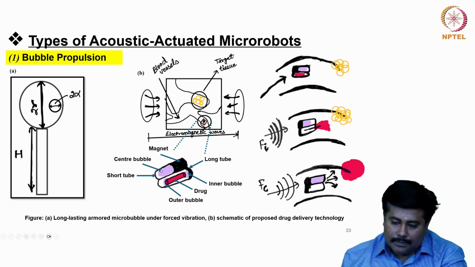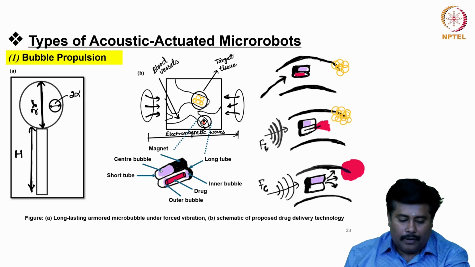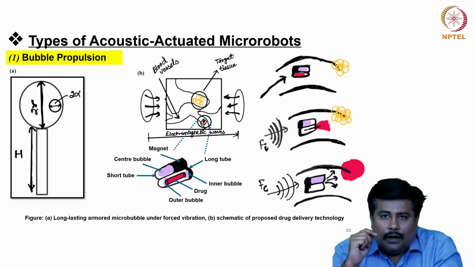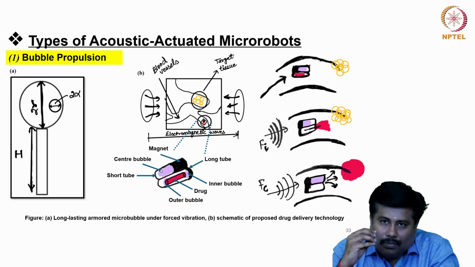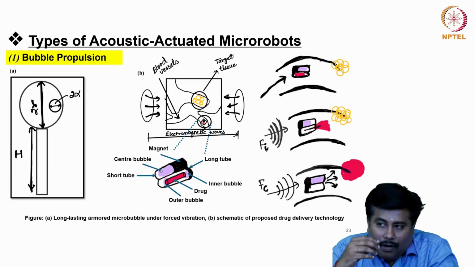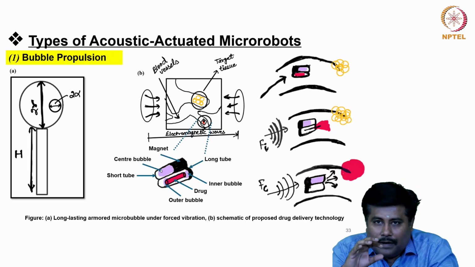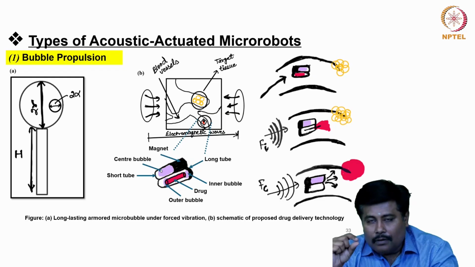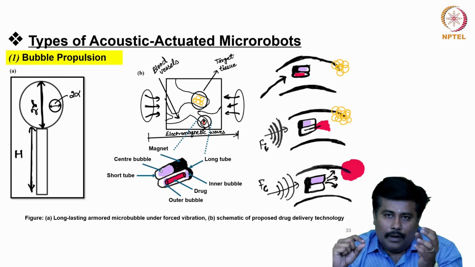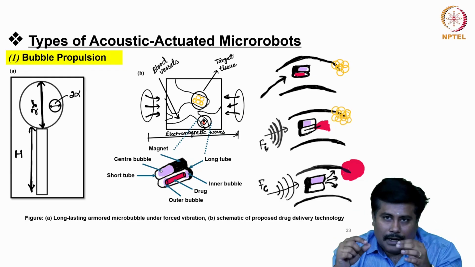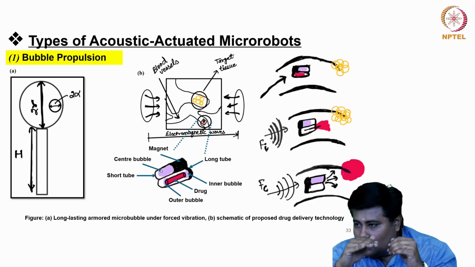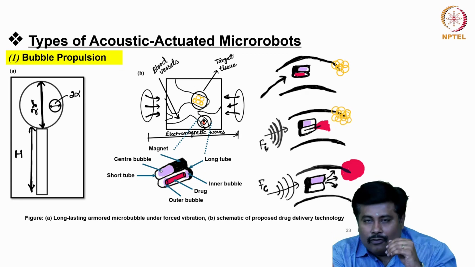From the bubble propulsion point of view, as we discussed in our earlier micro propulsion mechanism, by creating a large amount of high frequency bubbles, we can create a kind of propulsion. For example, consider a floating object. By giving a bubble from the back side as well as from the side, we can have control over the manipulation of that floating object.